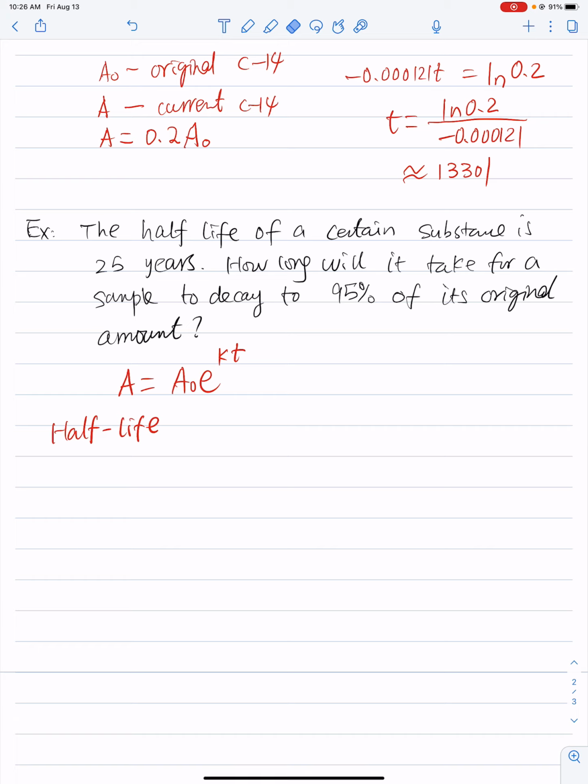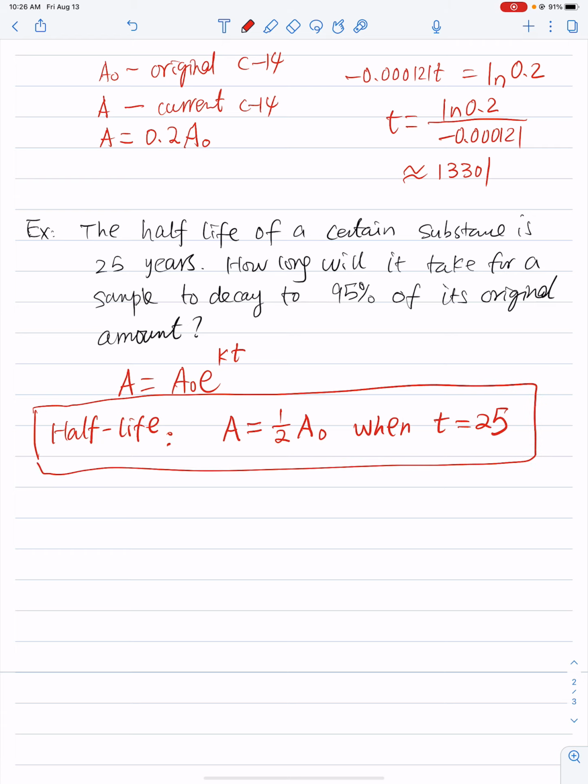Half-life is 25. Half-life means your A is equal to half of your original amount, a half of A0, when t equals 25.